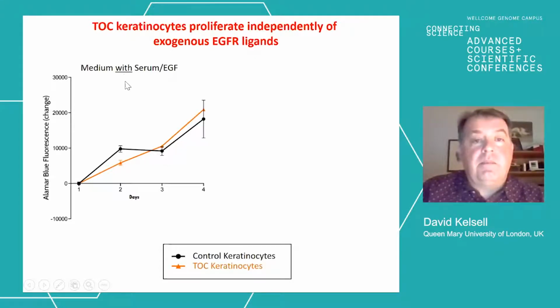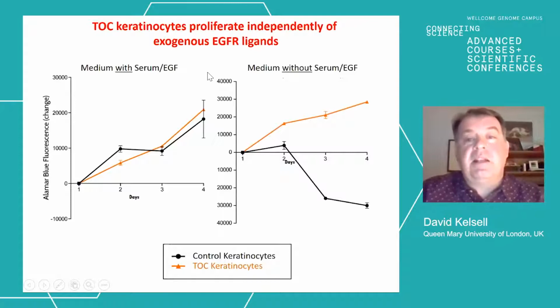In medium with serum growth factors added, both cell lines grew very similarly, no real difference at all. The real difference happened when we cultured the cells in medium without serum and added growth factors. As expected, the control keratinocytes stopped proliferating and just sit around not doing very much, whereas the TOC keratinocytes kept on proliferating.